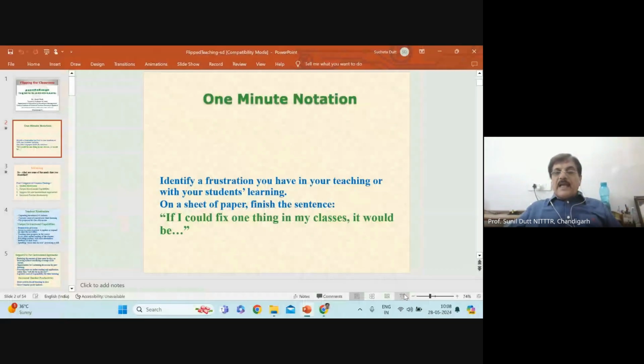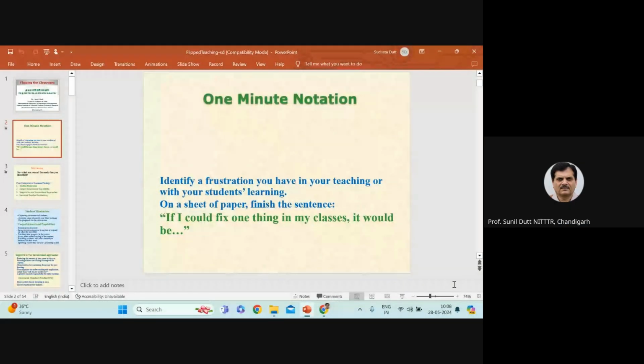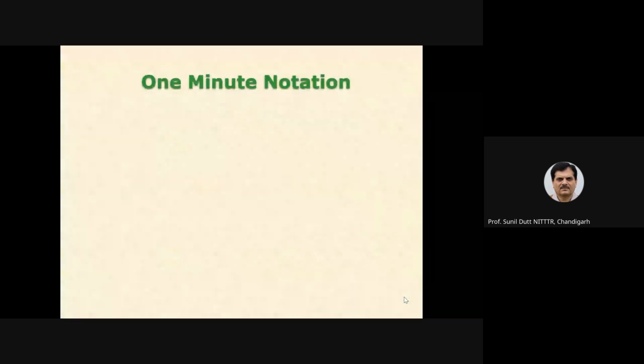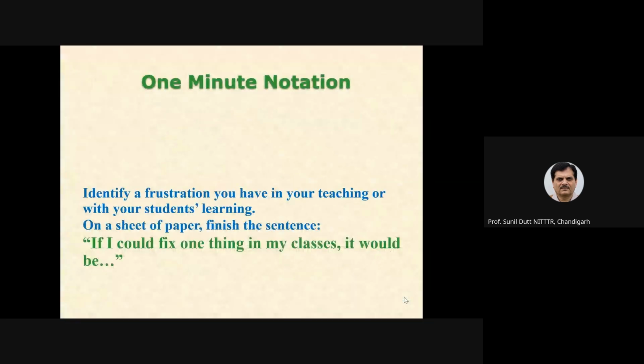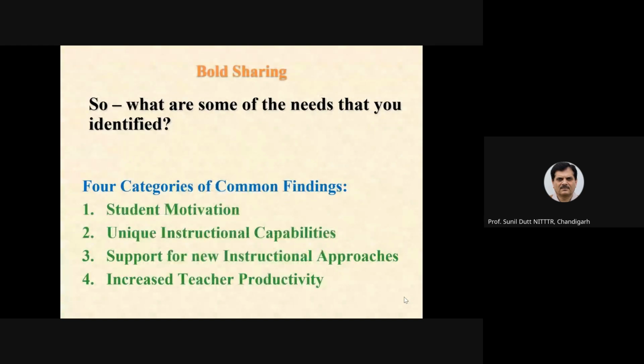Okay, and on a sheet of paper write your frustration, and I definitely think in 1 minute you will be able to identify a large number of shortcomings in the lecture mode of imparting instruction. So we can categorize those shortcomings in four major areas.